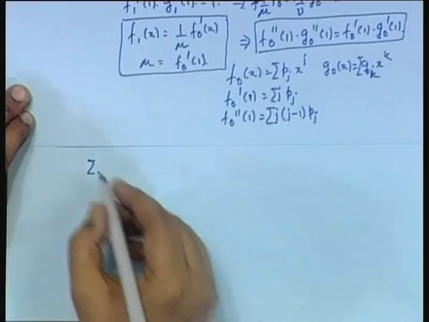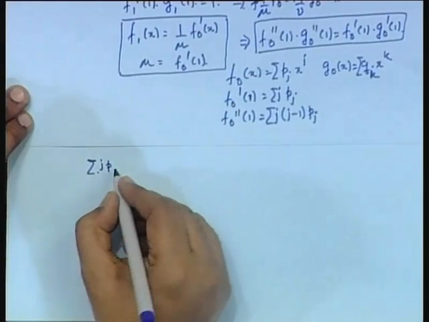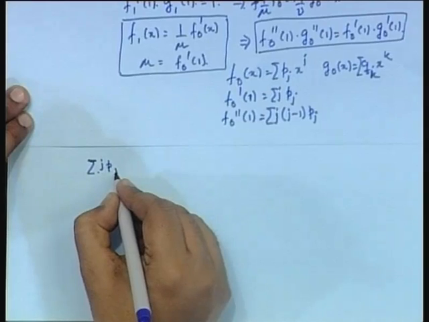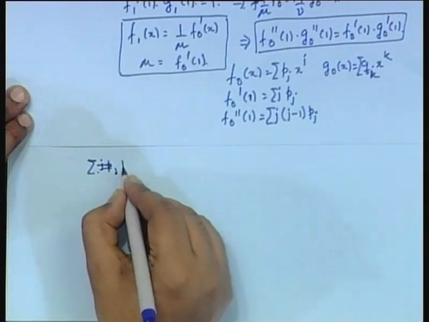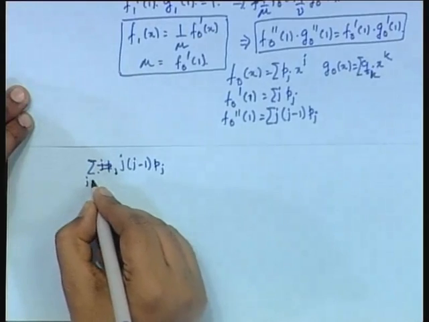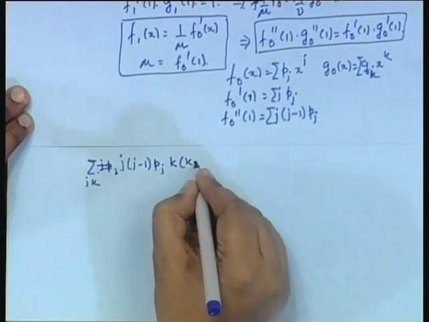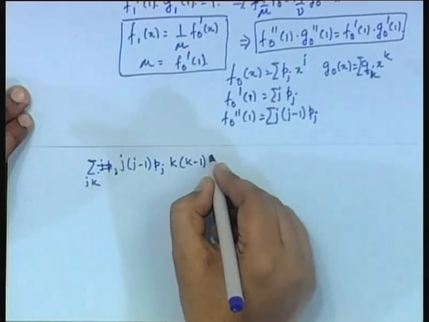There is a summation of j Pj, j minus 1 Pj, I write jk, and k minus 1 Qk.